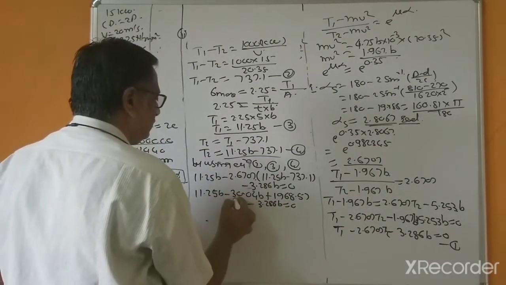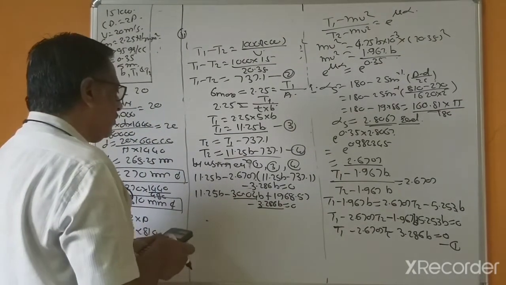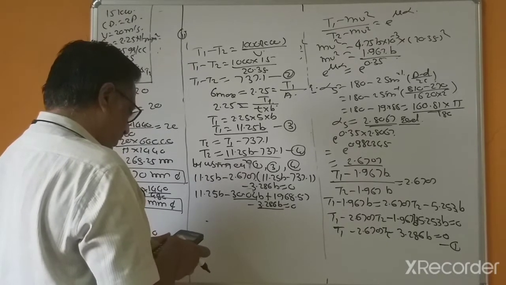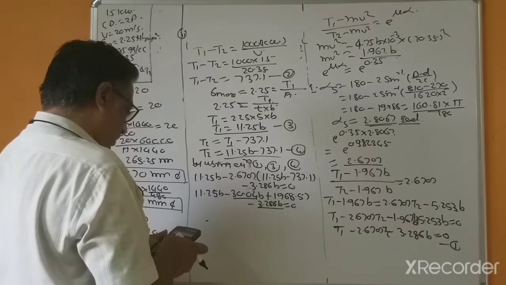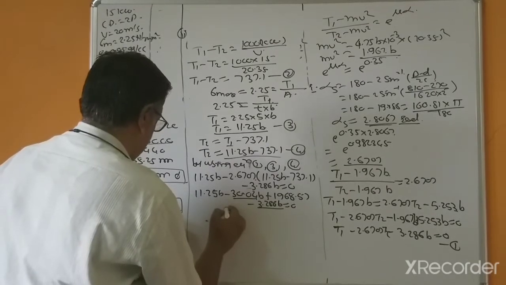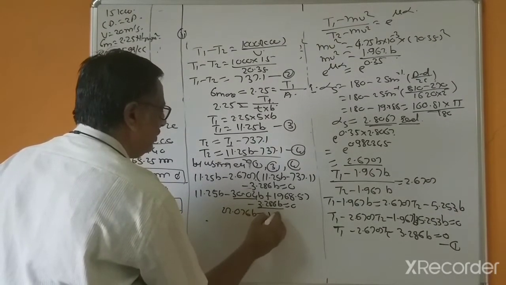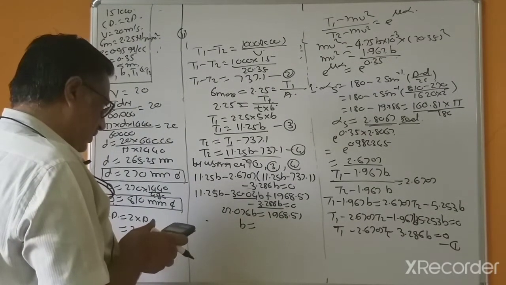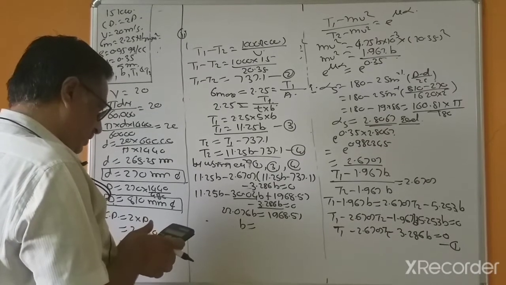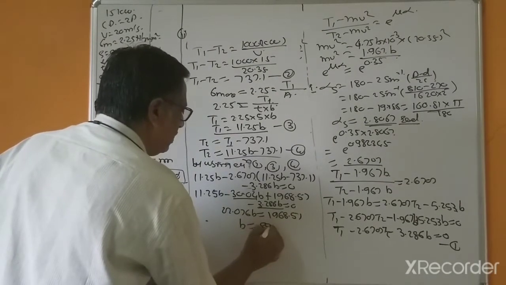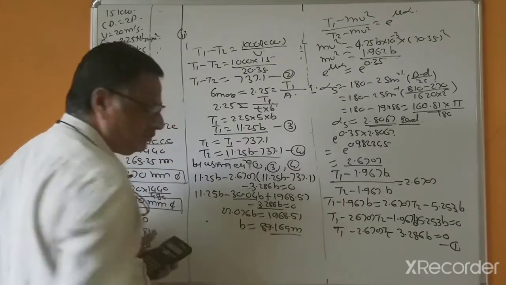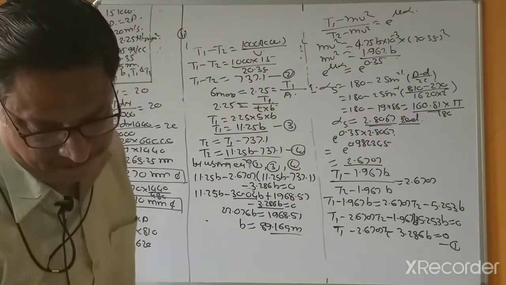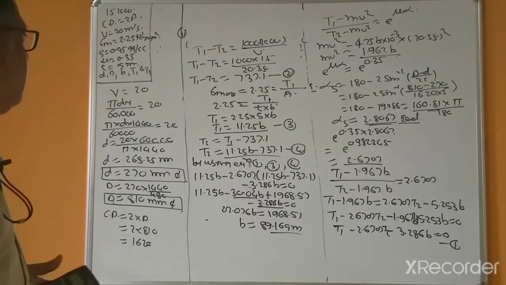So 30.04 plus 3.286 minus 11.25 equals 22.076 B equals 1968.57, so B equals 1 divided by that answer multiplied by 1968, which is 89.169. Is there any mistake I made?